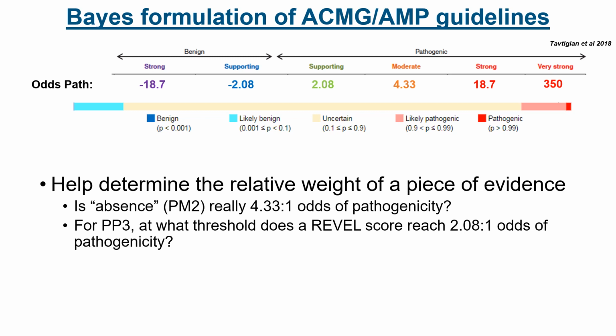We don't think that that is an appropriate estimate, and so we have suggested moving it down to supporting. You could also use these odds levels when you want to, again, calibrate maybe an in silico tool like REVEL. If you want to determine what threshold is applicable to say for this gene, a score in a certain range would suggest pathogenicity. You can then calibrate knowing that at a supporting strength level, you need about 2-to-1 odds of pathogenicity.